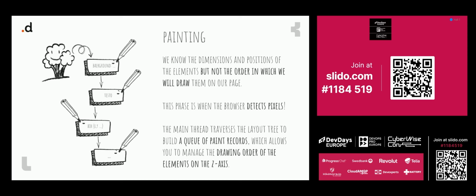During this phase, the layout tree is traversed to build a queue of paint records, like a deck of cards, useful to determine the drawing order of the elements and their overlapping. So what's in front and what's behind.